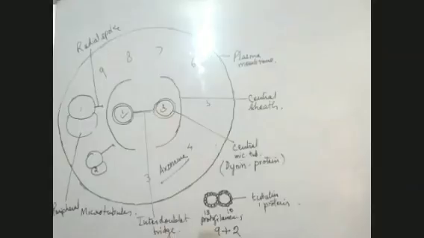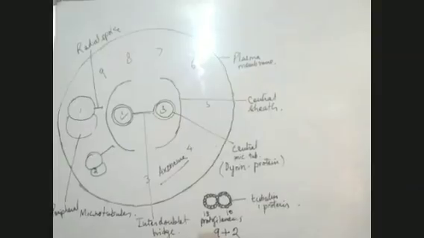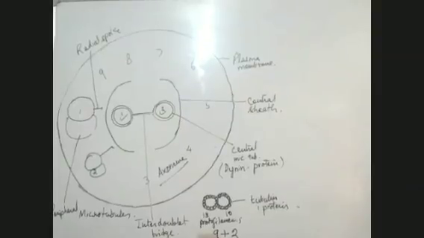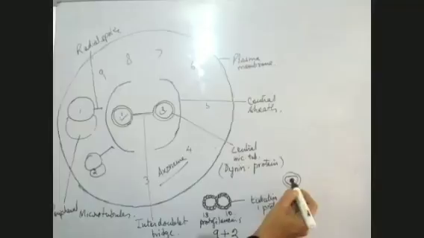Now what happens? This is a cartwheel type of structure, and when the cilia or flagella has to move, it has to move. In the case of cars, if this is the tire of the car, it will move only when the central thing moves. When this central structure moves, only then the complete tire moves. The same thing happens here.